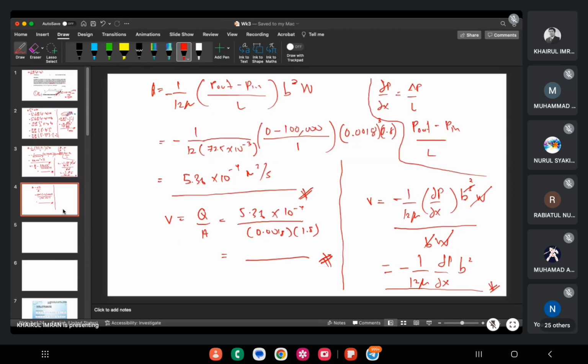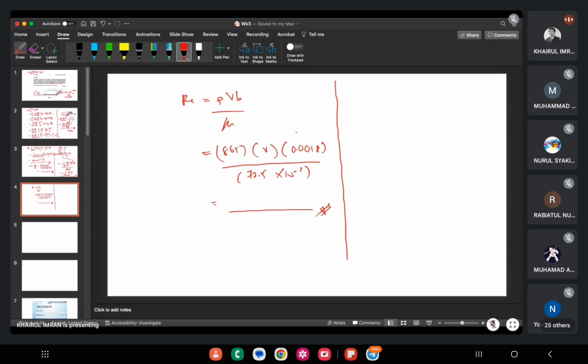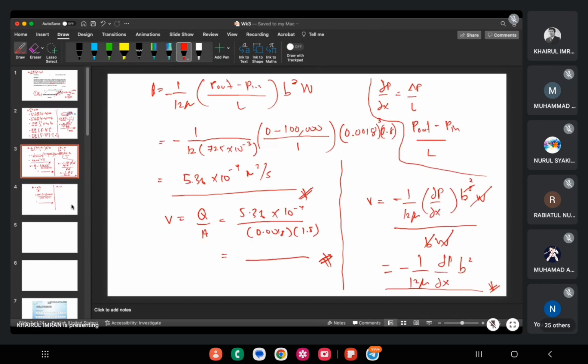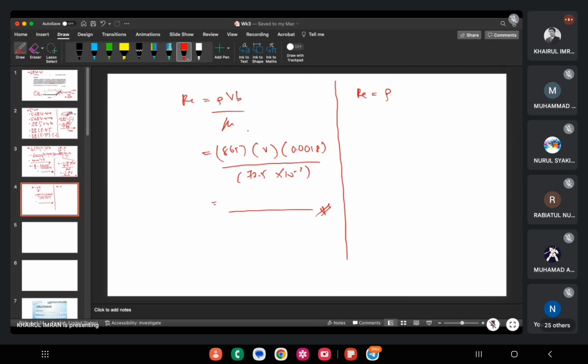Again, same as Reynolds number. The Reynolds number earlier, Re equals rho V B over mu. Rho multiplied with negative 1/12 mu del P over del X B squared.